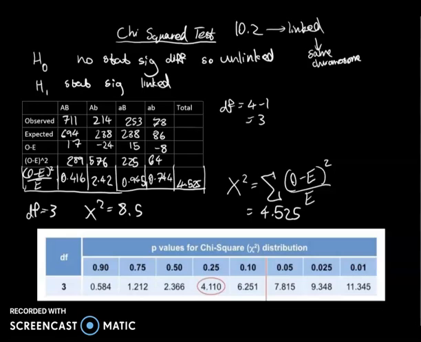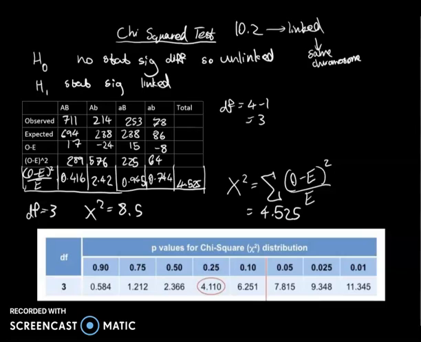So that means the chance that there's random variation is going to be lower than 5%, but higher than 2.5%. So we'd still accept that because we have met this threshold of 5% as the maximum random chance for variation.